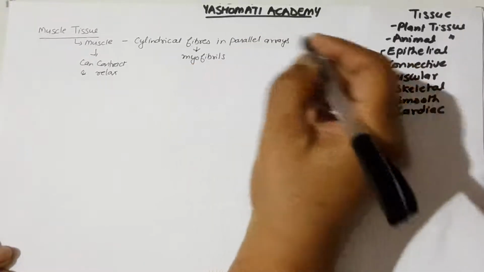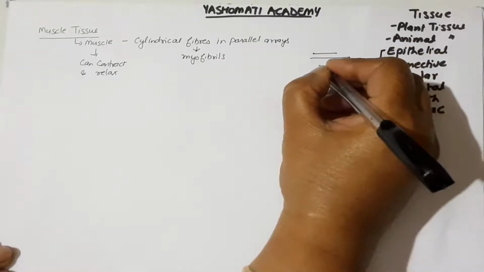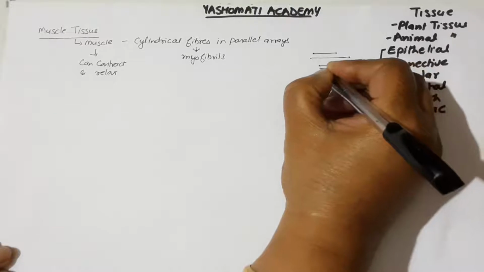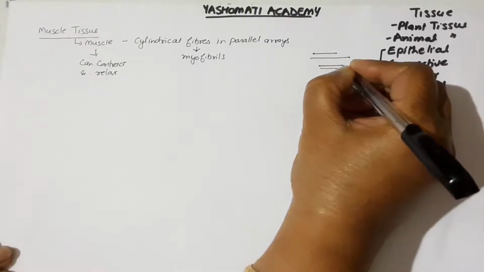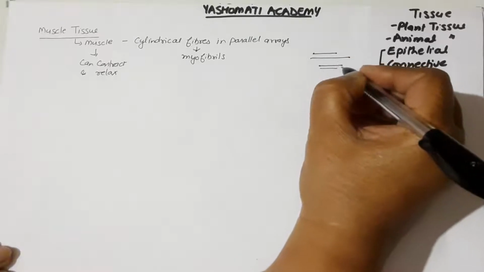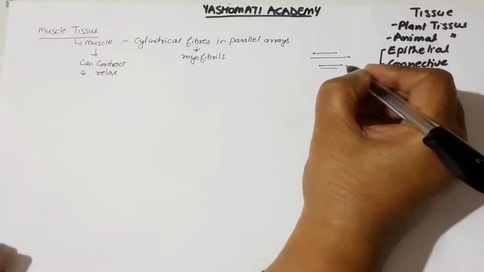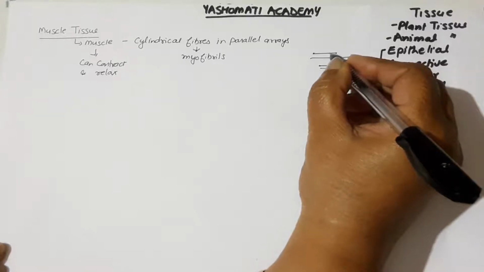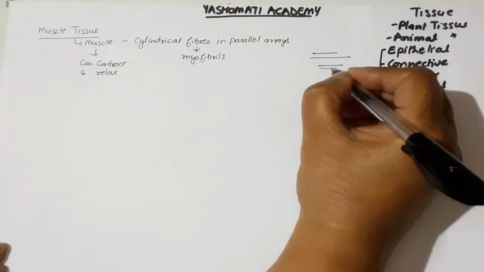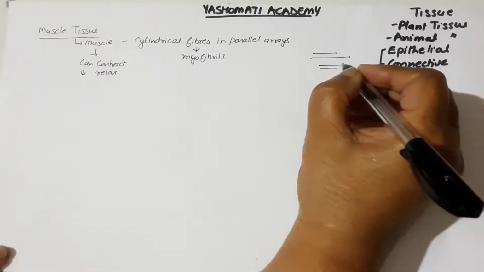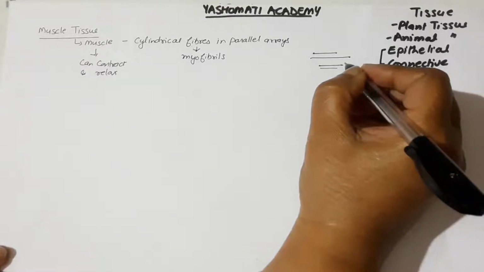But here what I am saying is that muscles can contract and then they can come to their original place. So it's slightly different from elasticity which you see in elastic. Elastic can be stretched and relaxed, whereas muscle can contract and relax to regain its original size.